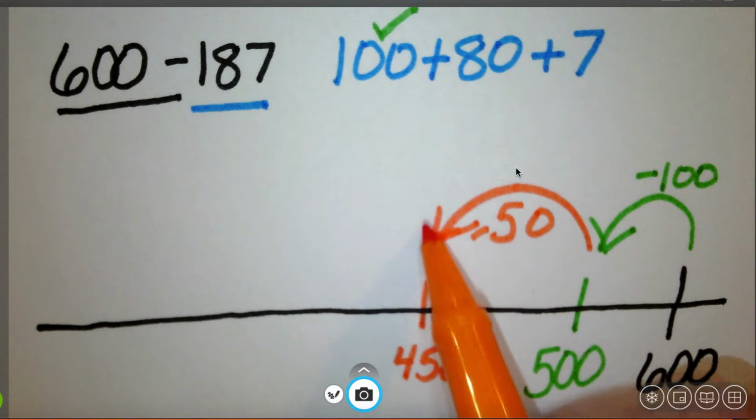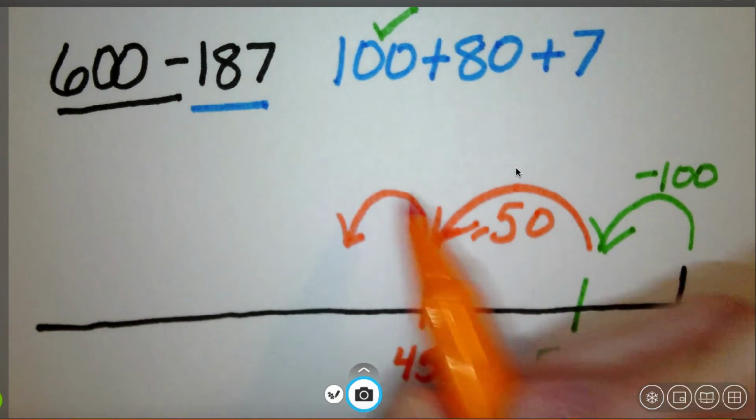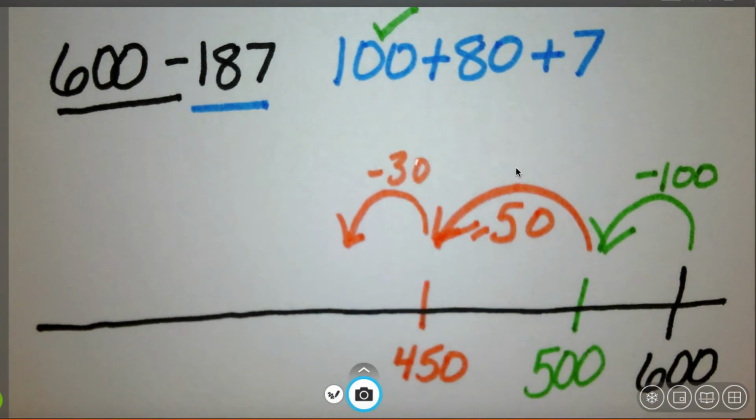Now, I need to subtract 30 more so that I can make sure that I subtracted the whole 80. And that's going to get me to 420. Now I'm going to check it off so that I make sure I used it.